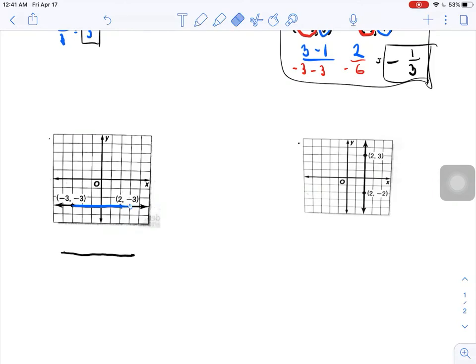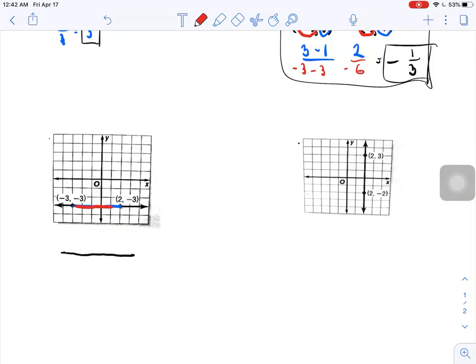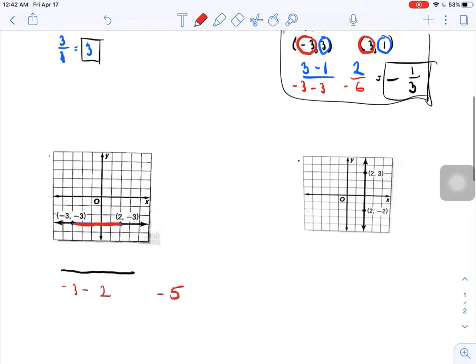Sorry about that. Typo. That's actually our change in x, I'm sorry. So our change in x side to side, we'll change that to our x color just so it's consistent, we don't get confused. So our change in x side to side is changing by 5. So that's going to be the bottom number on our graph. We could also get that by subtracting. So negative 3 minus 2 is, and it's actually negative 5 if you go that way.